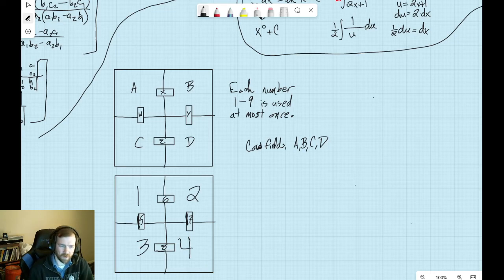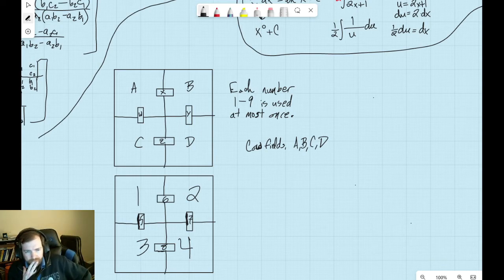We're not going to sit through all of the different possible permutations of everything else. Really, the biggest question is, what do W, X, Y, and Z represent?